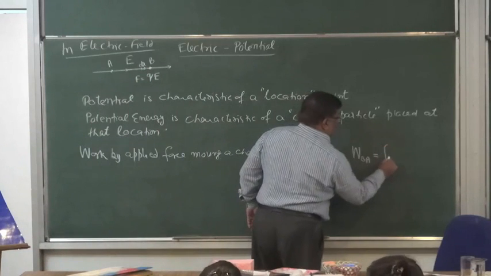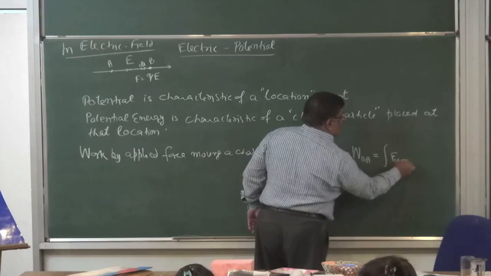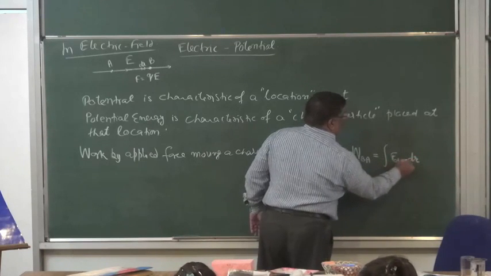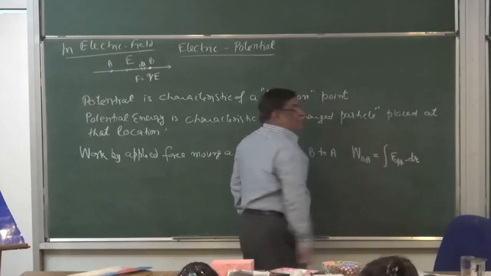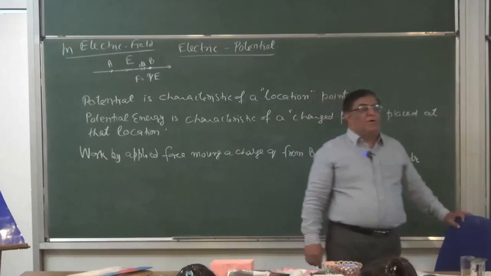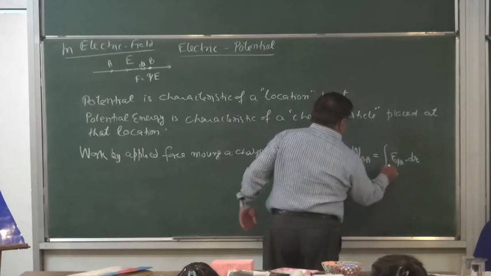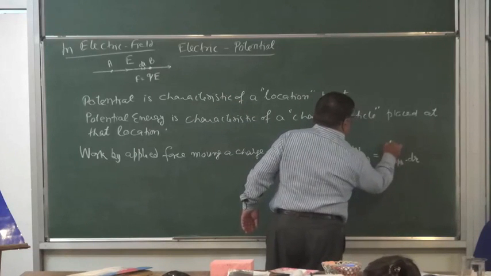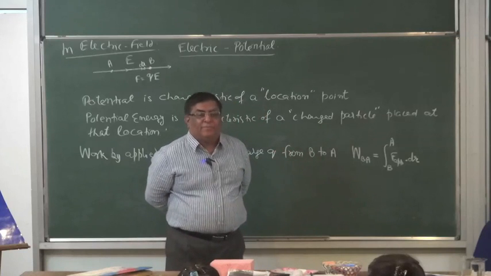That will give the integration of force applied into dr, a dot product F·dr. We will do the integration from B to A. This is the work done from B to A.